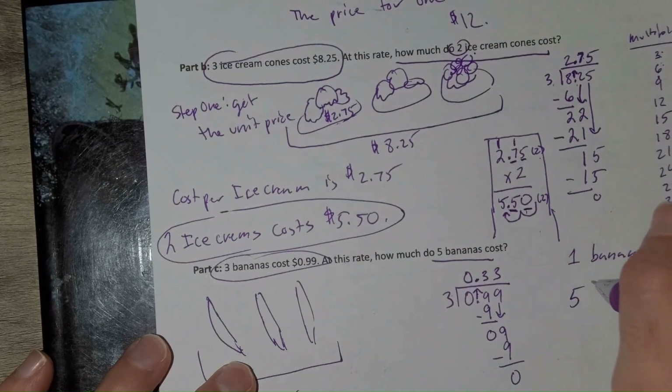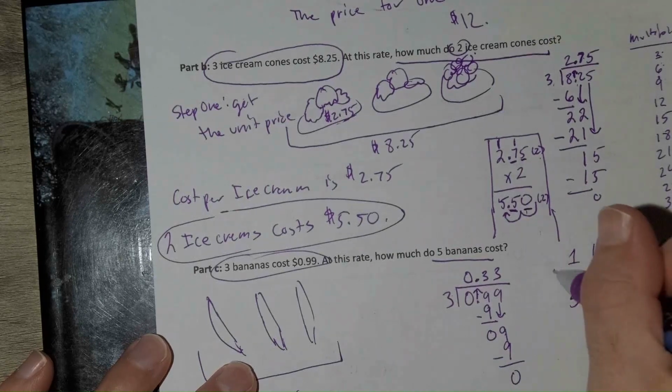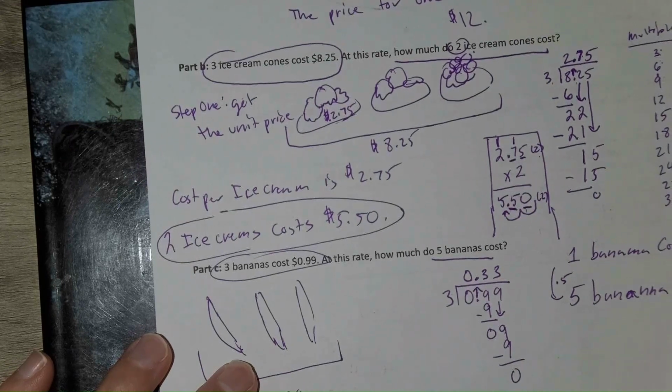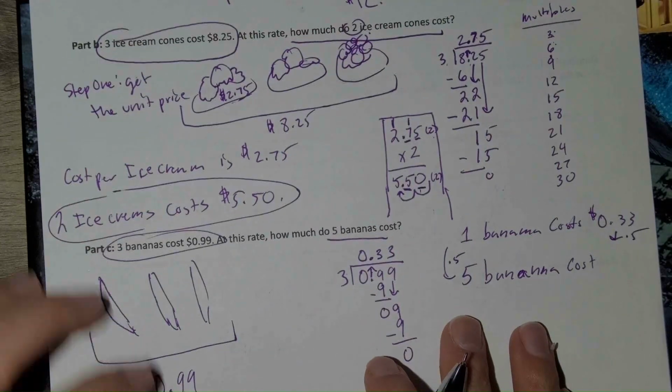Well, this is kind of like, I cannot write the word banana for some reason. Costs, right? 1 times 5 means I need to do 33 cents times 5. You guys can't see that.